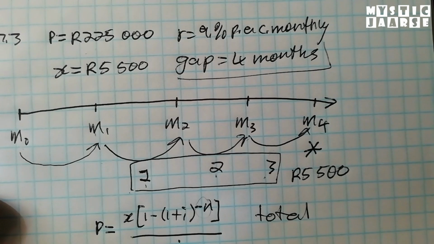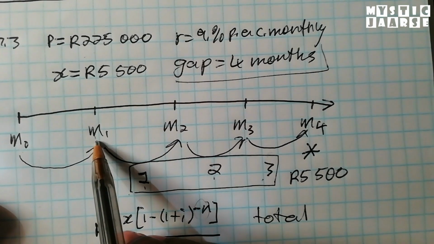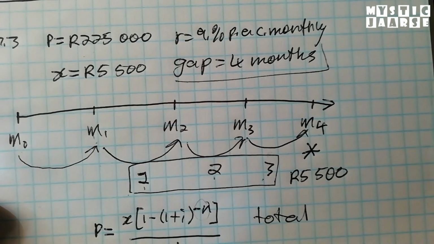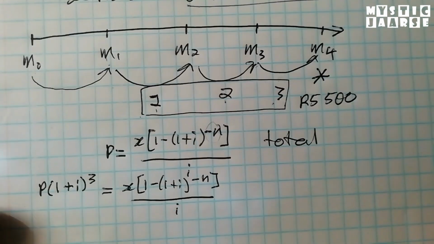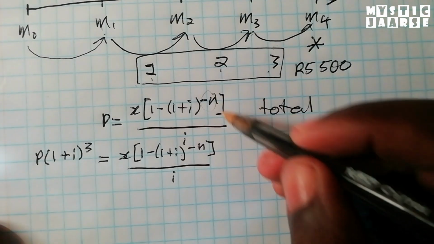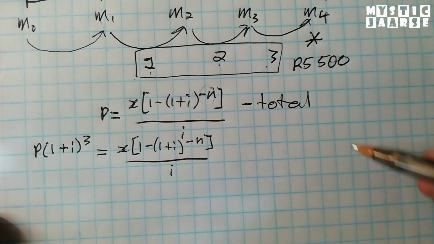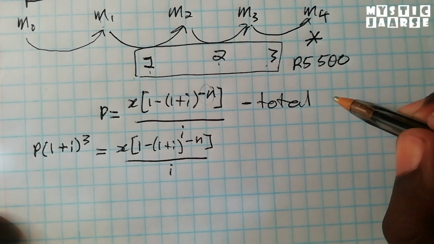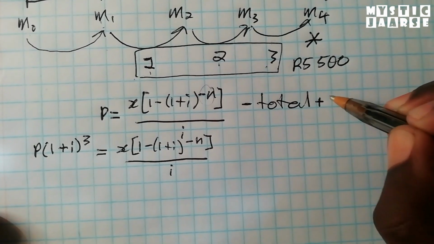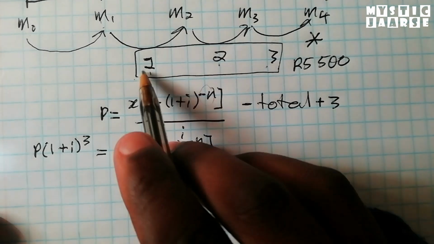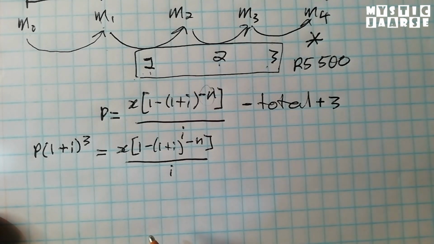Lesibane was supposed to make payments from month 1 all the way to the last month, right? So this total number of payments, which is negative by the way, we need to take out 3 months from it because Lesibane skipped 3 months of making payments.